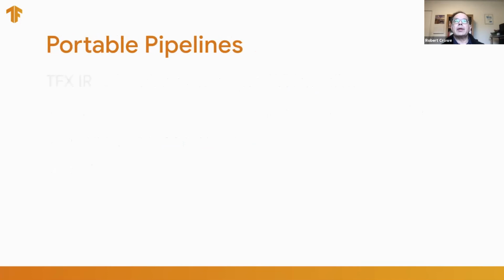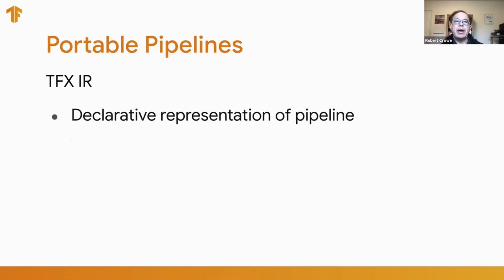So that gives us portability. And there's an IR, an intermediate representation, that is used as a separation layer between the DSL and the target orchestrator and environment. So the IR, the intermediate representation, is a declarative representation of a particular pipeline.